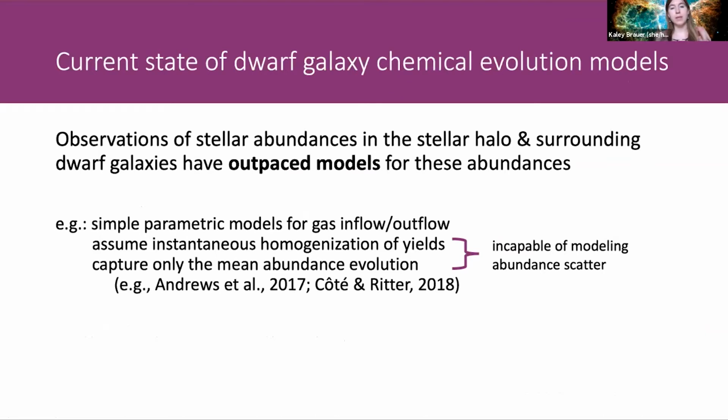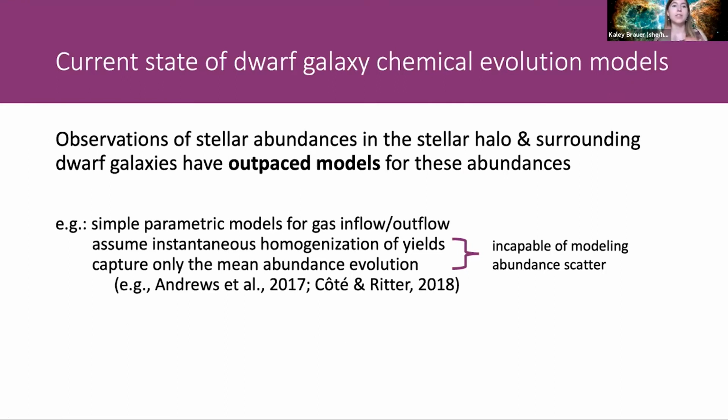The problem is that the current state of dwarf galaxy chemical evolution models are just insufficient to begin to describe all the data that we're getting now. We're getting all these observations of stellar abundances in the halo, in the surrounding dwarf galaxies. This impressive amount of data has actually outpaced the models for how these stellar abundances formed.